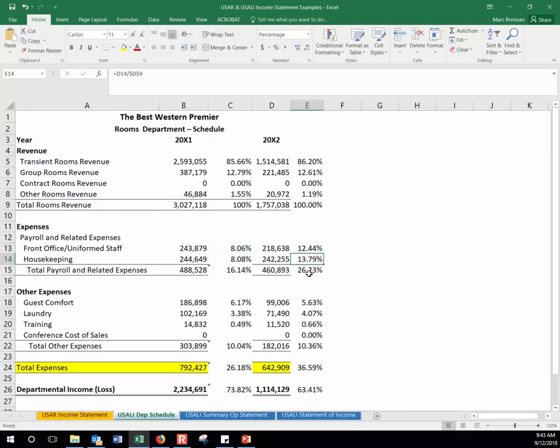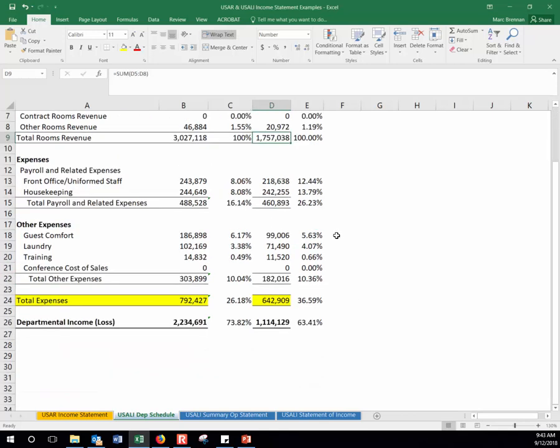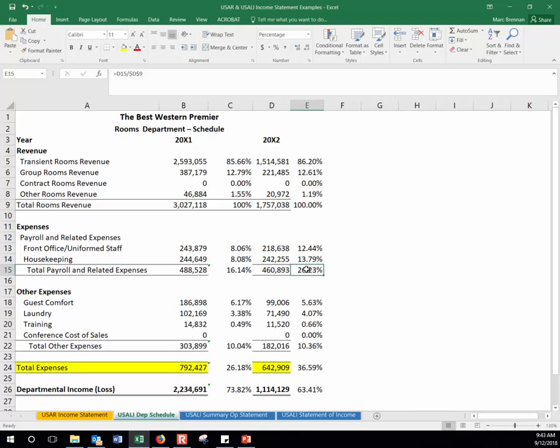Again, housekeeping is too high, and overall our total payroll as a percentage, while it seems like it's lower, is not low enough as a percentage. If you take a look at the dollar amount, sure, we went down by 28,000, but we should have gone down by a lot more because our labor cost percentage is 26.23% of rooms revenue. As a manager, I would look at this and be very concerned.